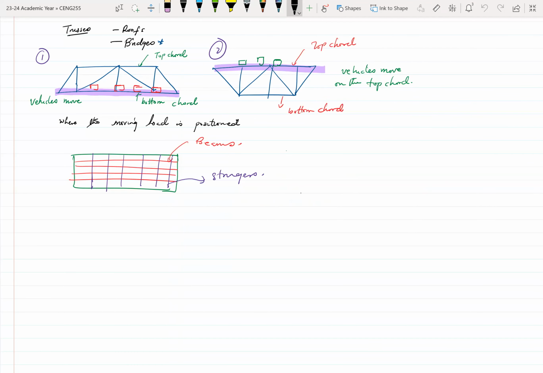All right. So back to discussing the types of process that we can have in terms of where the loads would be moving.